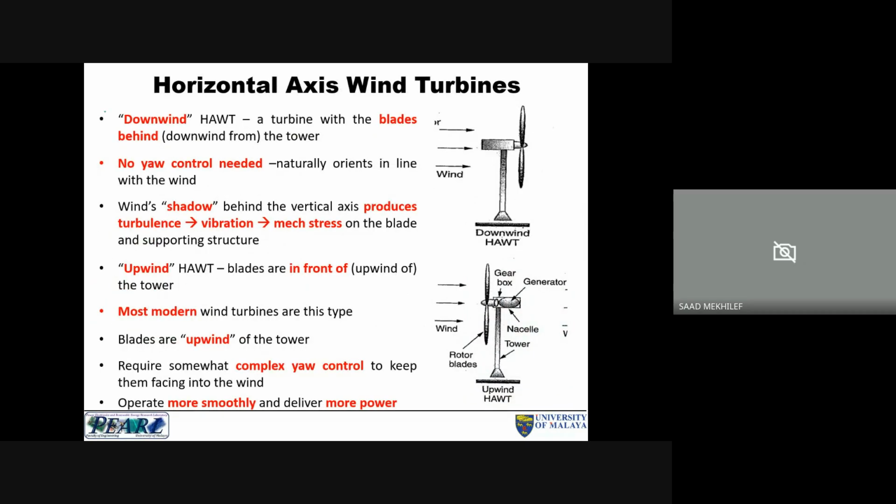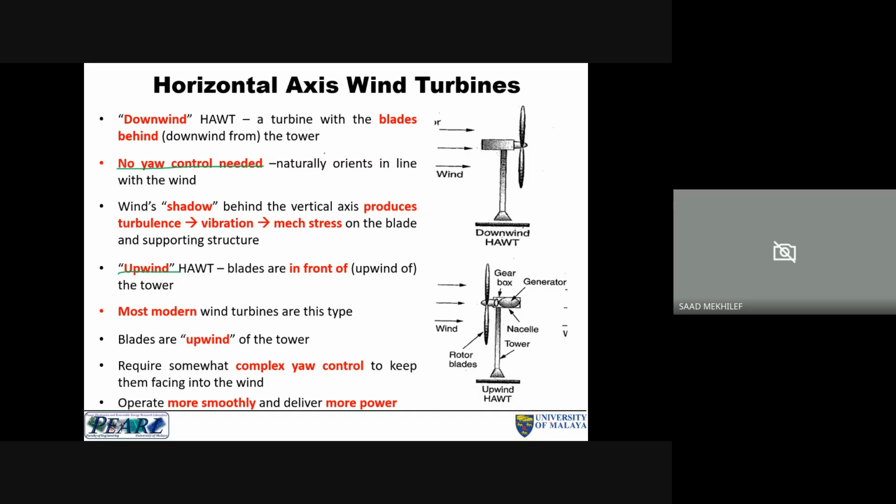The most common one, which we usually find and use, is the horizontal wind turbine. Some of them have the yaw control system, like I said before, which adjusts the turbine to the wind direction. Some are upwind, some are downwind, but most modern wind turbines usually use upwind.